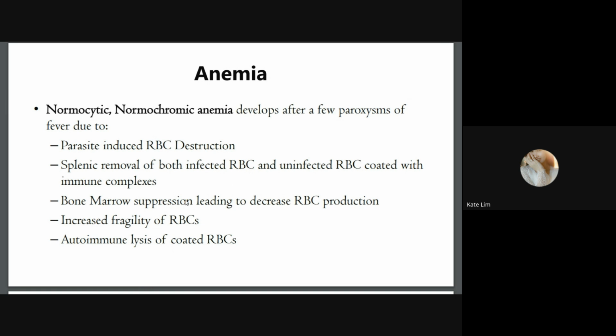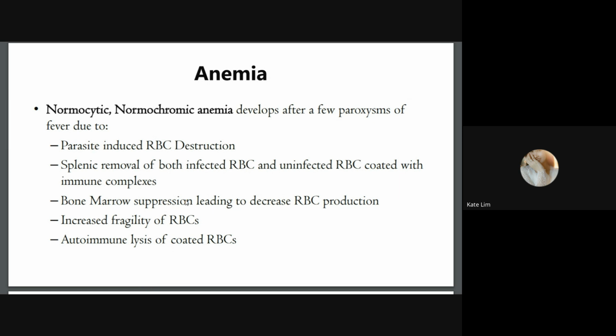This results in decreased RBC production. Meaning the body is not able to replace the lost RBCs quickly enough to maintain healthy circulating RBCs. So your bone marrow cannot replace them as quickly to maintain healthy and mature RBCs.